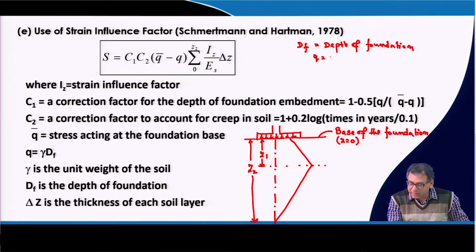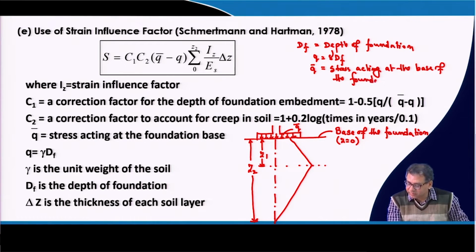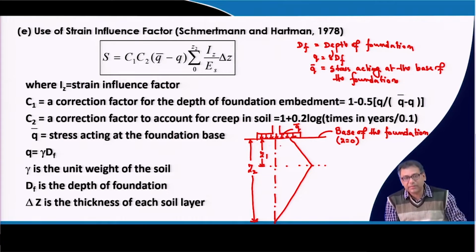Now, q is equal to gamma df, gamma is the unit weight of the soil, and q bar is the stress at the base of the foundation. That means at the base of the foundation the net pressure that is acting is q bar and q is gamma df.